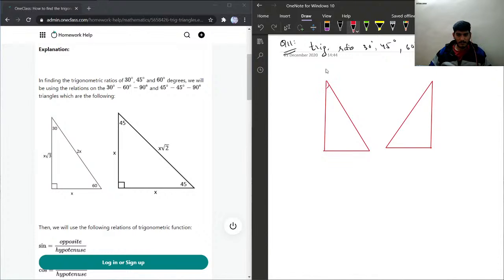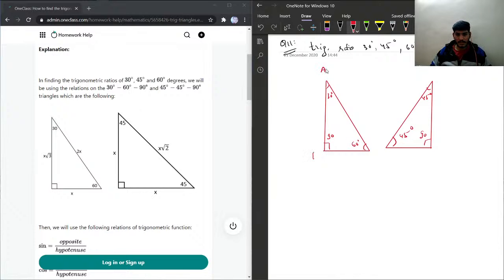Now we have 30 degree, 60 degree, and obviously this will be 90. Here this will be 90, this is going to be 45, and this is going to be 45.